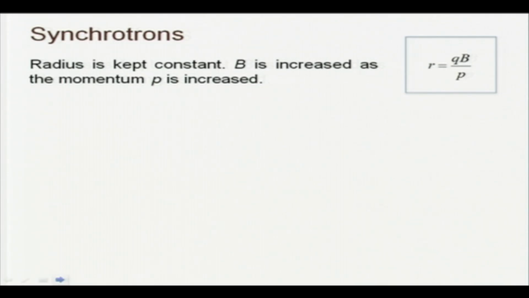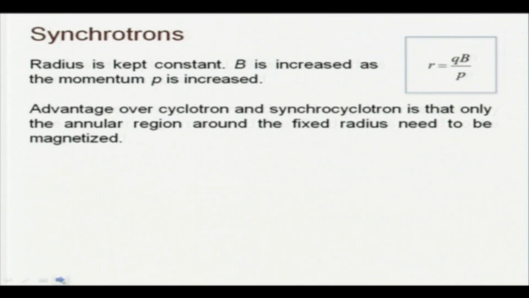Q for a particle remains the same. So, only B and P are to be related to each other, so that R is kept constant. This can be done, and the advantage here is that you need to keep the magnetic field only over the annular region around this one.